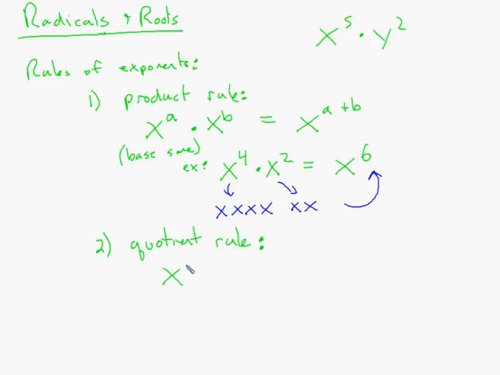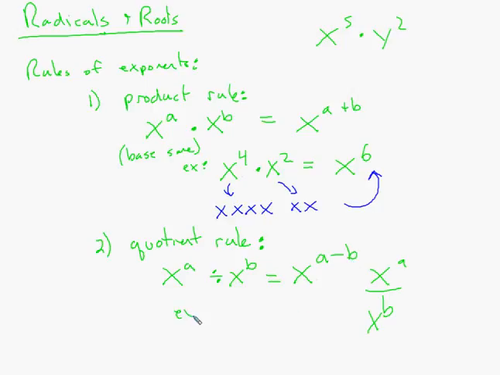Quotient rule, if I'm dividing, which could be with a division symbol or as a fraction. So I could also have x to the a over x to the b, like that. But in the end, opposite of multiplication, I'm going to subtract my exponents.